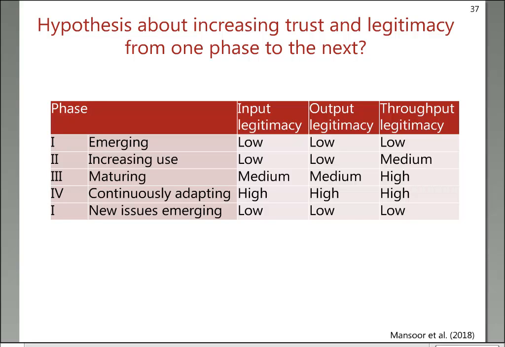So another hypothesis is whether these phases are linked to different levels of trust and legitimacy of governance. In the emerging phase, maybe input, output, and throughput legitimacy are all low. That's a suggestion. It's maybe a few people that decide how the system should look, and it's not really been tested yet if they are effective and if they do what they set out to do.